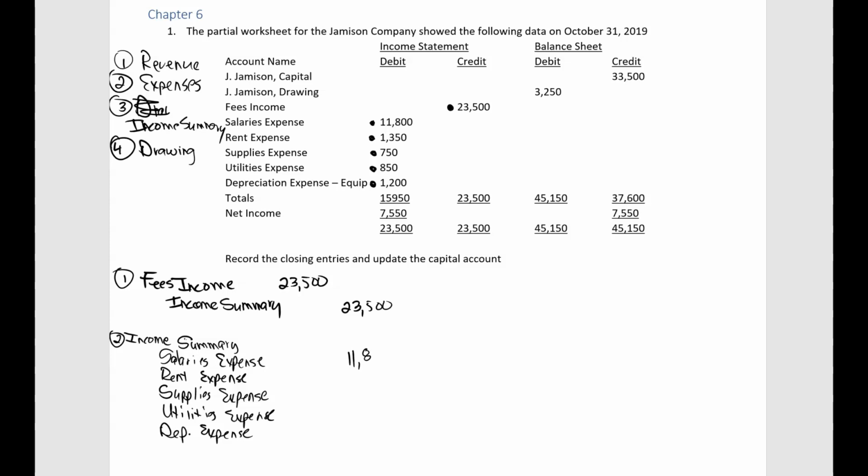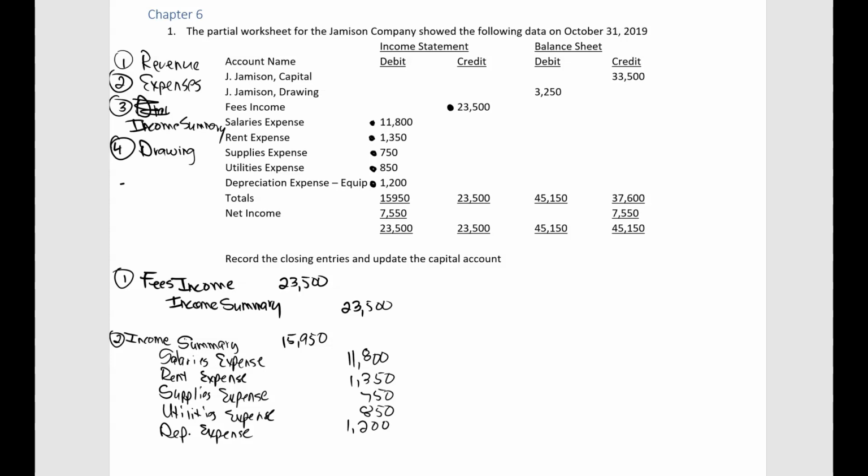Salaries is $11,800 credit. Rent is $1,350. Supplies is $750. Utilities is $850. Depreciation expense is $1,200. If you add all those up, you get $15,950. That is what you debit to income summary.